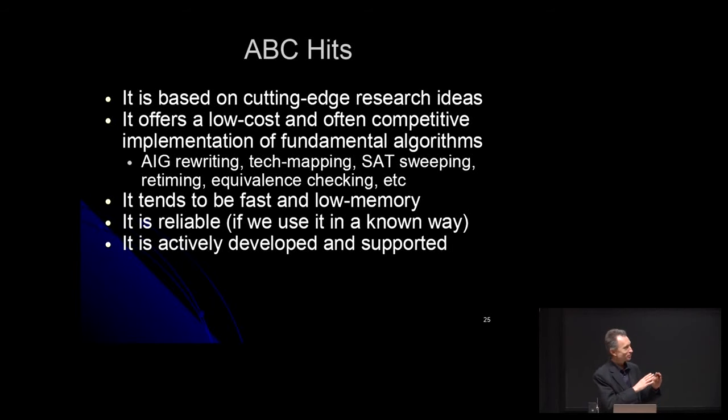But if you just do whatever I recommend in this presentation, you'll pretty much never see crashes. But if you want to see crashes, you can see them very soon by just going off on your little trail. And it's actively developed, and it's supported. So if you have any questions or ideas how to contribute or how to improve it, please email me.